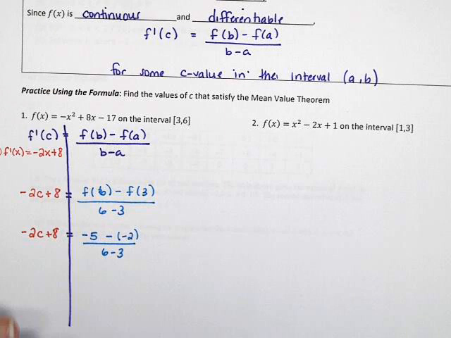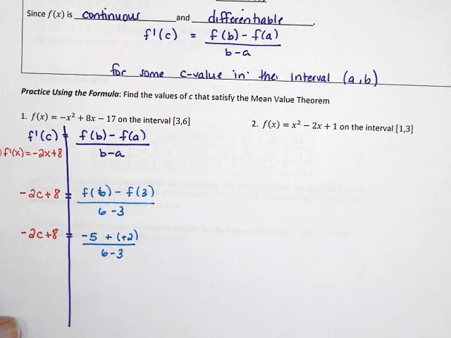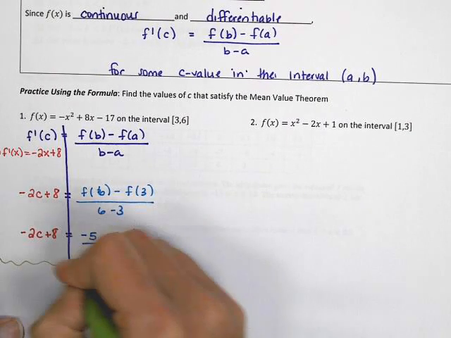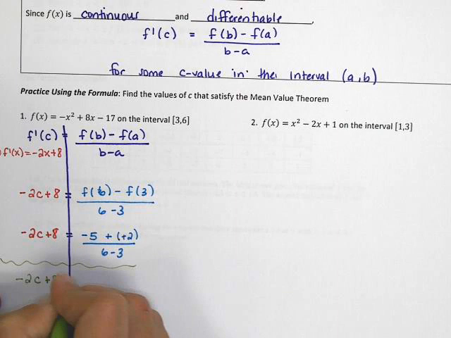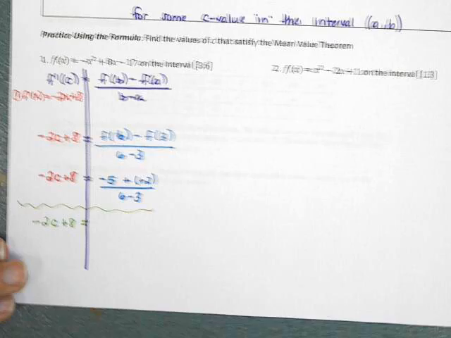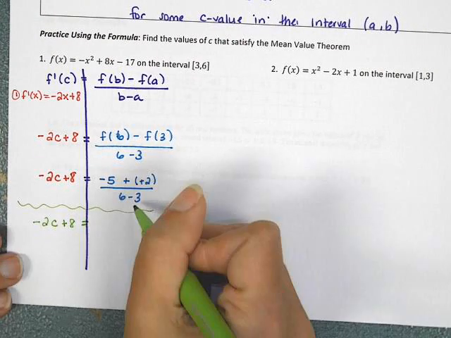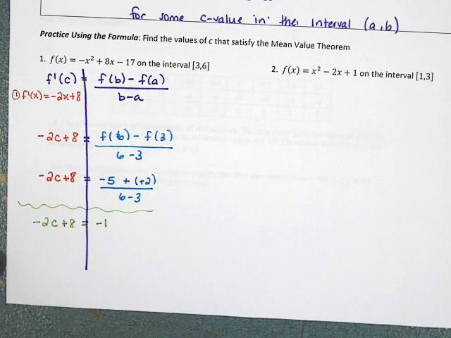Now I'm going to simplify again, because 2 minuses make a plus. So my equation is now going to say, and this is the simplified equation that I actually solve, negative 2c plus 8 equals, now negative 5 plus 2 is negative 3, divided by 3 is negative 1. Then I would solve this just the way I did in Algebra 1.